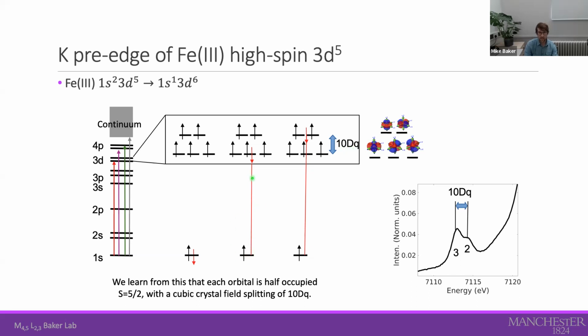Now, the 1s excitation can bop a single electron into the t2g orbitals, and we have three holes to accept a 1s electron, or we could bop an electron into the eg orbitals, and we have two holes that can receive that 1s electron. And what this gives rise to is a 3:2 intensity ratio in the pre-edge, where the splitting between these two is 10Dq. Very simple.